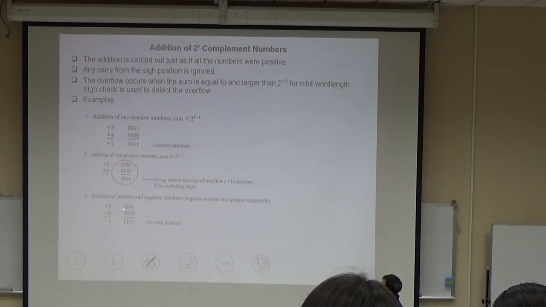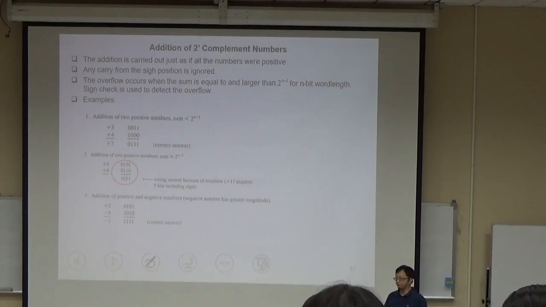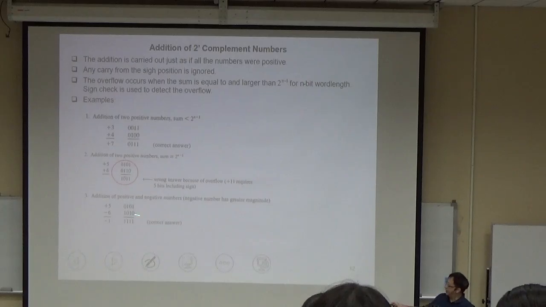So write the equation right here, and we perform the addition just like these two numbers are positive. 1 plus 0 is 1. 0 plus 1 is 1. 1 plus 0 is 1. 0 plus 1 is 1. Okay? So this result is this one plus this one.